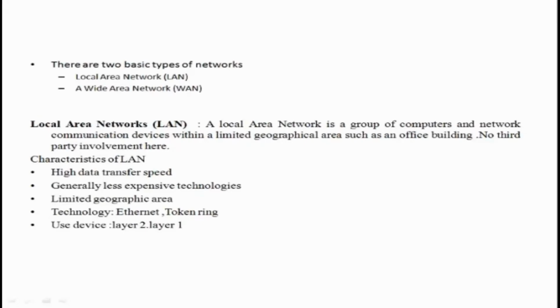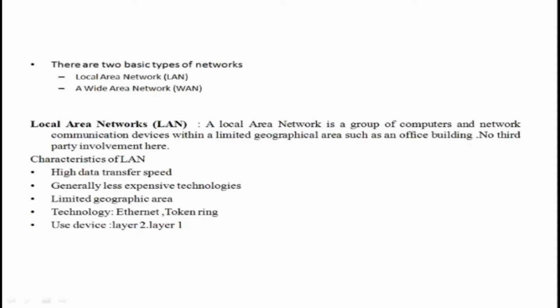Next is the basic types of network. The main basic types of network are local area network and wide area network, as well as other types like MAN, metropolitan area network, PAN, personal area network, and SAN, storage area network. LAN is limited to a particular geographical area, that is 1 kilometer, or is associated with a particular organization.